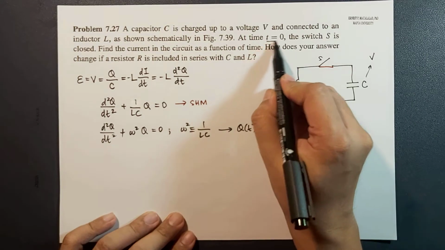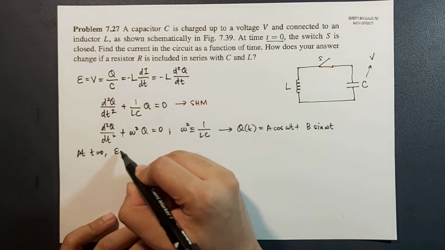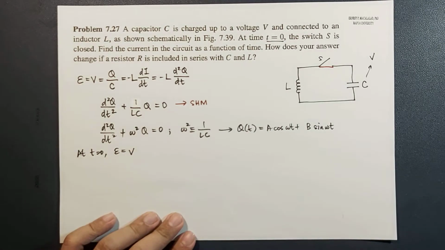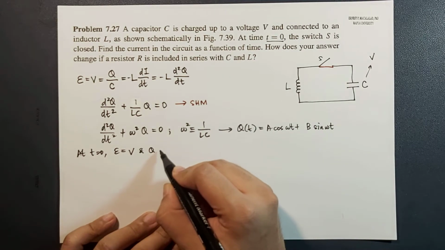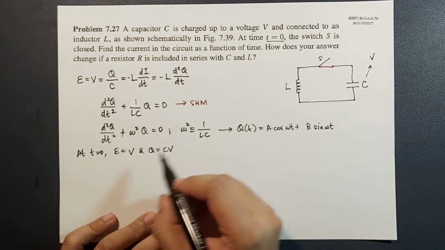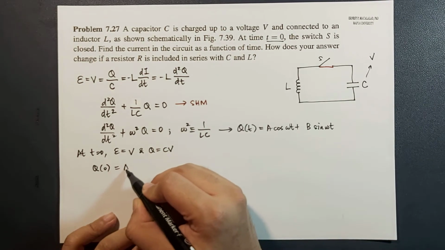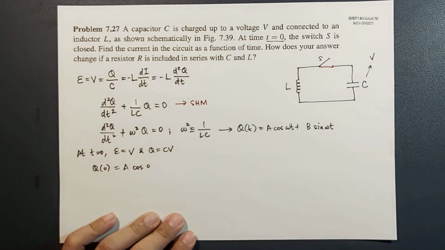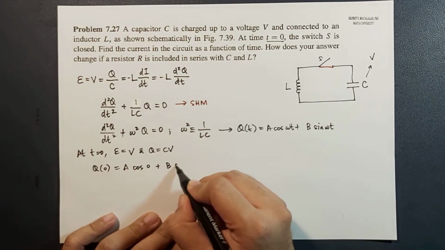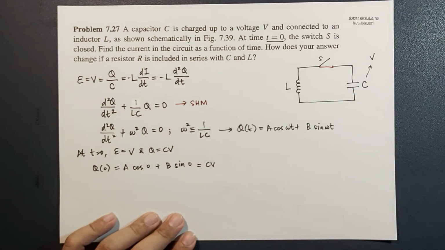Applying our initial condition that at t equal to 0, E is equal to V and Q is equal to CV. Therefore, Q at time equal to 0 would be equal to A cosine 0 plus B sine 0, which is equal to CV.